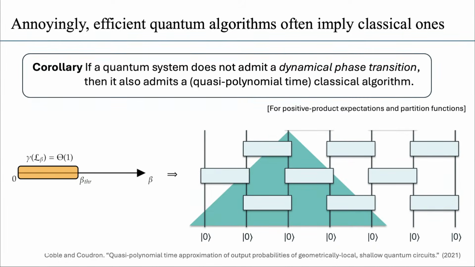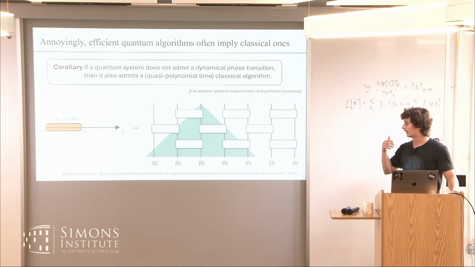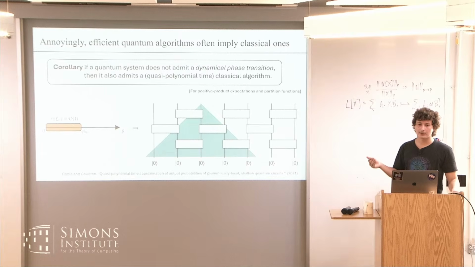That's not to say that arbitrary applications of the fast mixing regime can be simulated. In particular, maybe you'd like to use the Gibbs state as an initial state for some dynamical experiment, or maybe you're interested in sampling or just computing global expectation values. But at the very least, for partition functions, these systems are classically simulable.